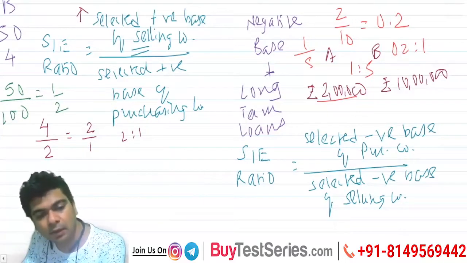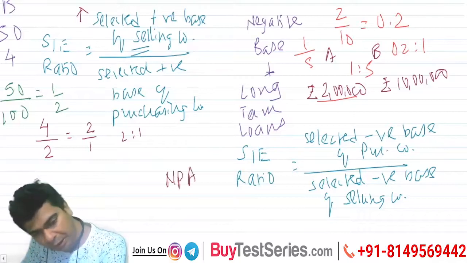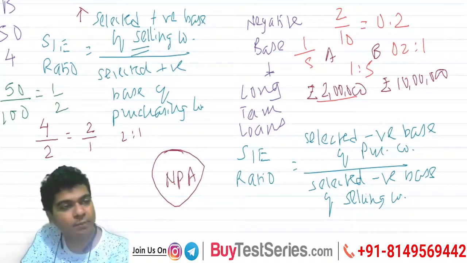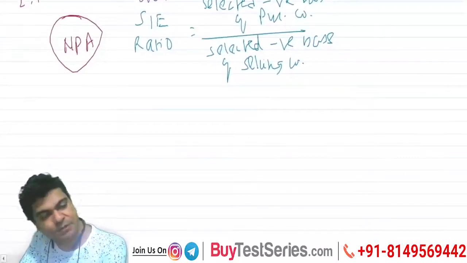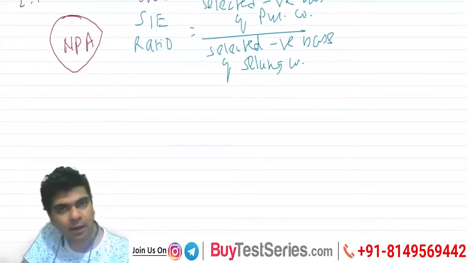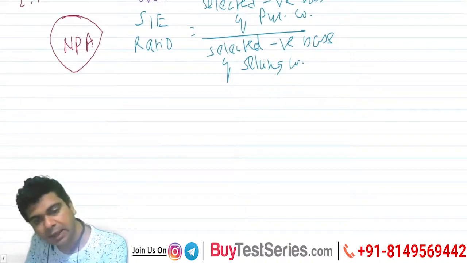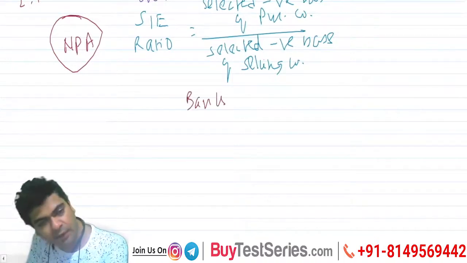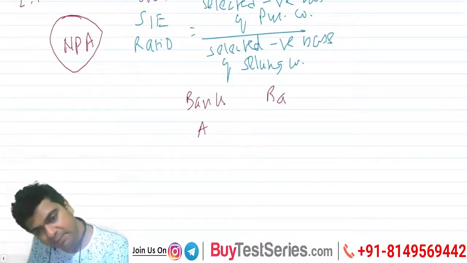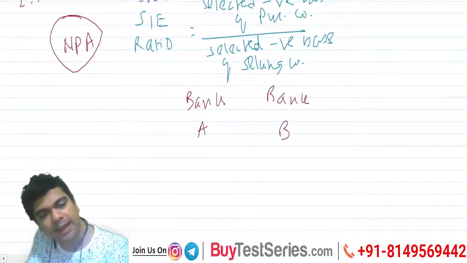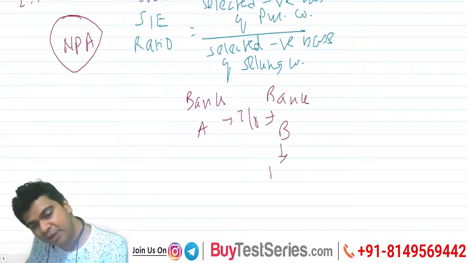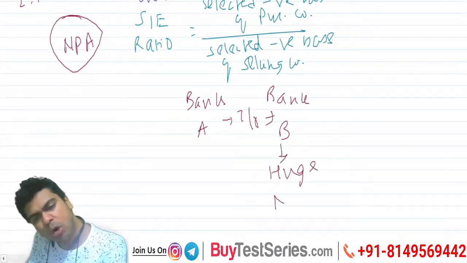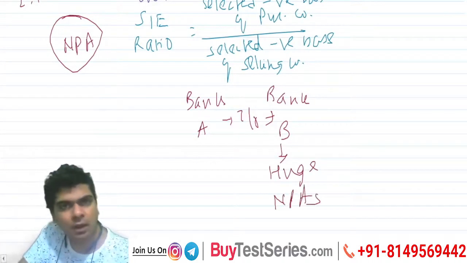Let us say NPA, non-performing assets. Let us say there is one bank which is planning to take over another bank. Let's take a case of bank A and bank B. Let's say A wants to take over bank B, and B is having huge non-performing assets.